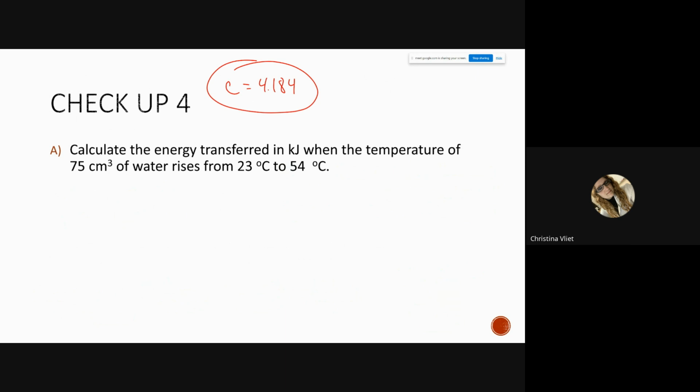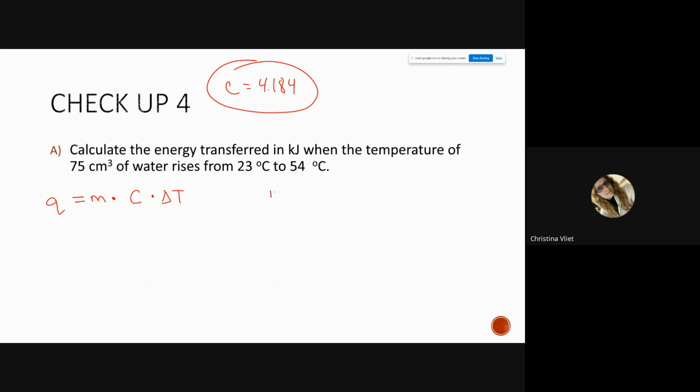So, how do we do this? Where do we start? Change from centimeters cubed to grams. Start with our formula, right? Q equals M times C times delta T. All right, let's start with mass. M stands for mass of water or mass of solution, whichever one we're working with. Here we're working with water.